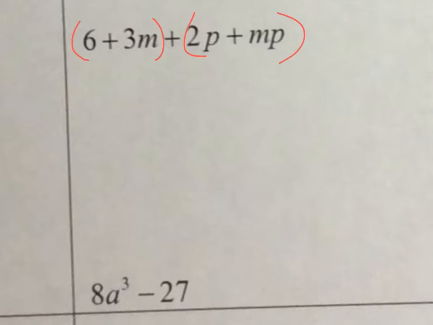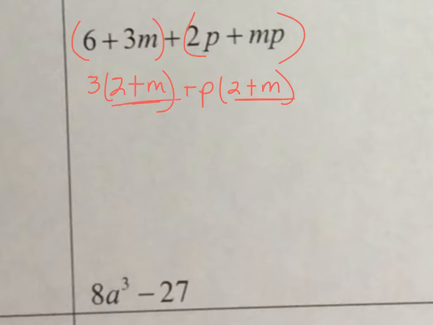What do you want to factor out of the first 2? 3, leaving what? 2 plus m. What do you want to factor out of the last 2? P, leaving what? 2 plus m. Lucky there.